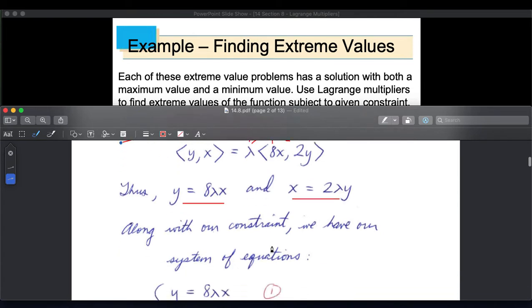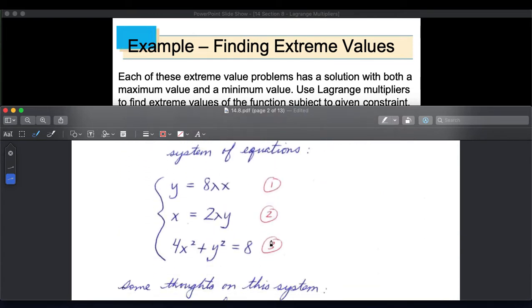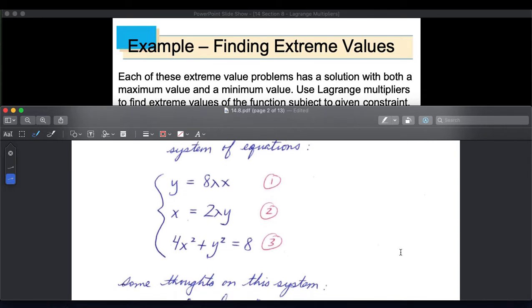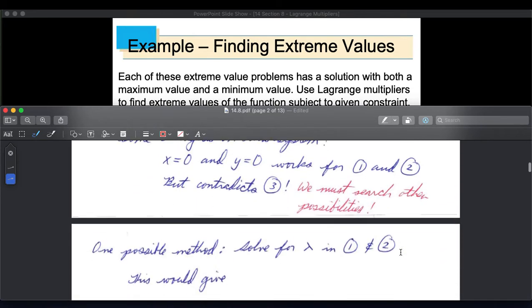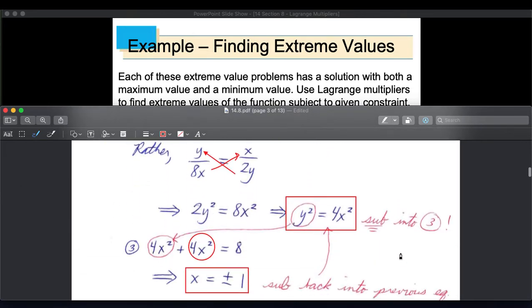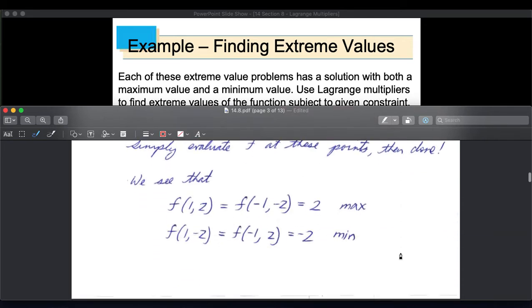And then these equations get thrown into a system of equations, along with the constraint. And then you just start using algebra, start plugging in values, start playing with values, doing whatever it takes to solve this system. Once you find those possible points, you plug them into the function f and get your maxes and your mins.